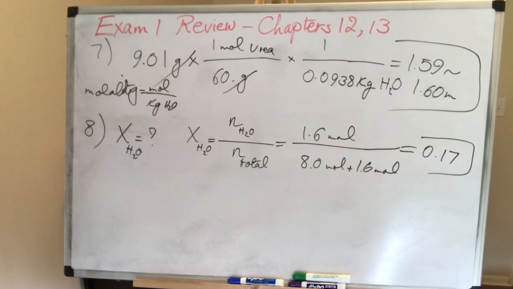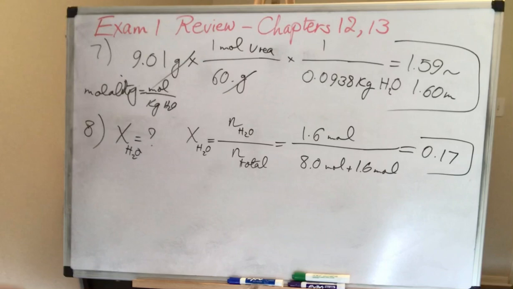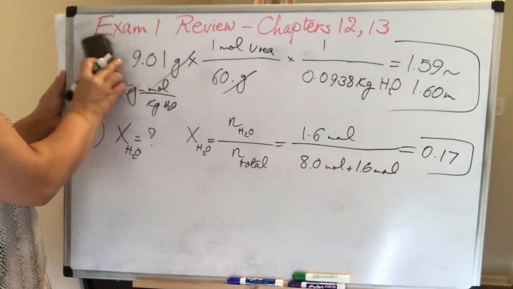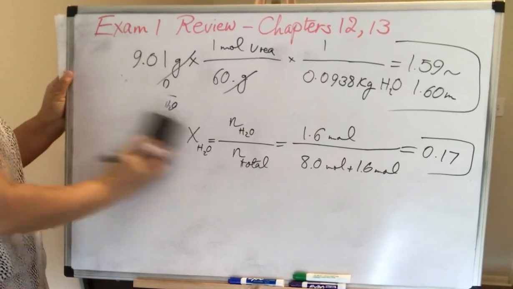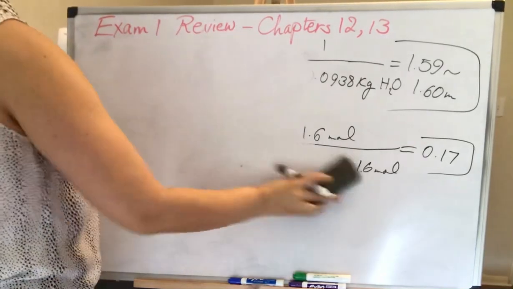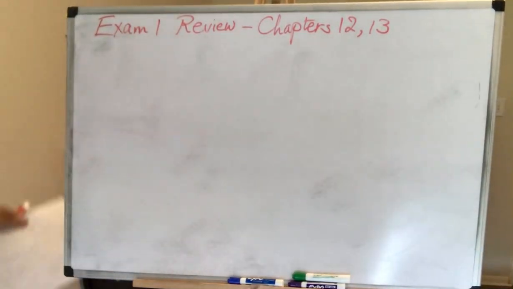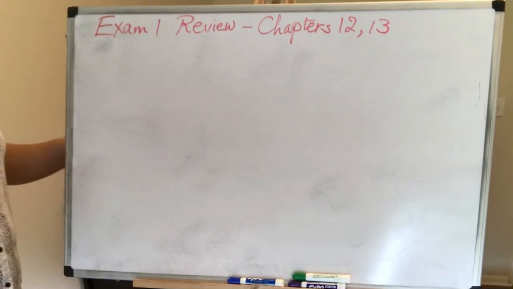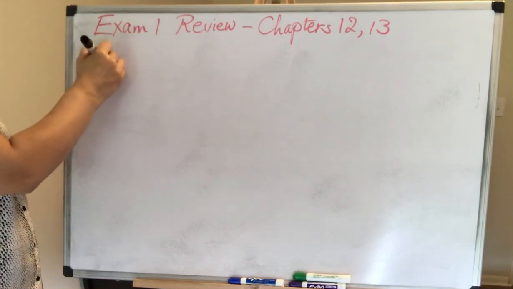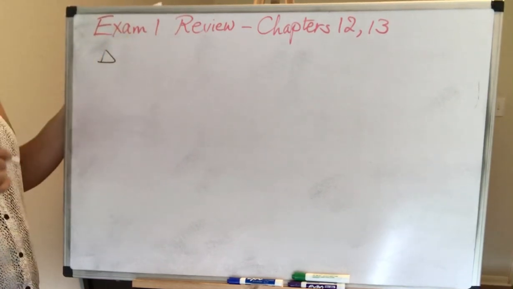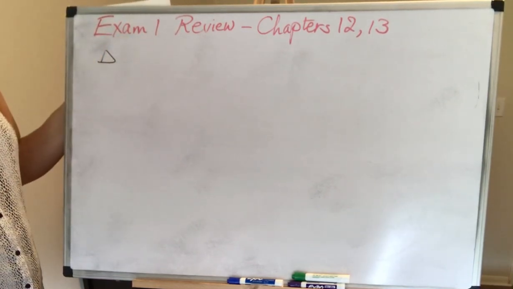Let's move towards some questions about colligative properties. Question number 9 is asking for the freezing point of a 0.19 molal solution of glucose in water.